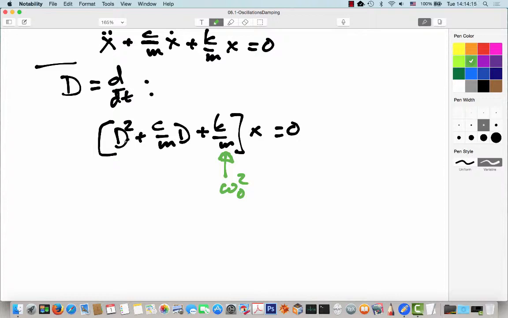Similarly here, since we're treating this like a quadratic, we want this to look like a cross term. So you remember the cross term, this should be 2 times something. So we'll decree that that is 2 gamma.